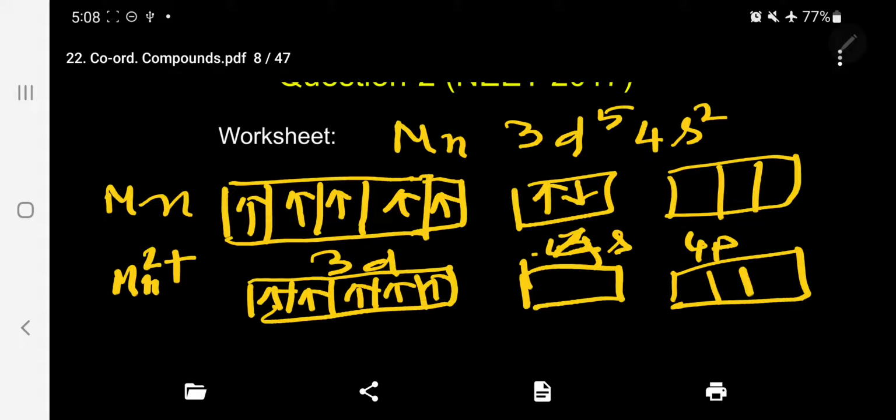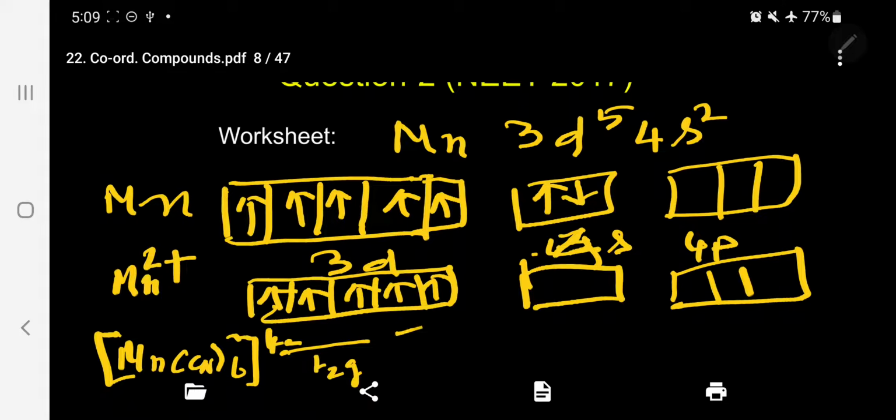Now we'll go for the complex. What is the complex? Mn(CN)6 4 minus. So in this complex, what is happening now? According to crystal field theory, kindly follow, there are 5 d orbitals: dxy, dyz, dzx, dx square minus y square, and dz square. But simply we will use t2g and eg, conventionally. The first 3 will be t2g, the second will be eg orbitals.